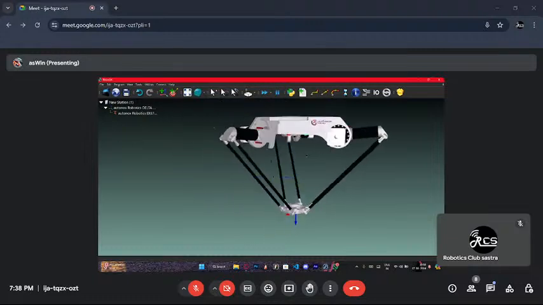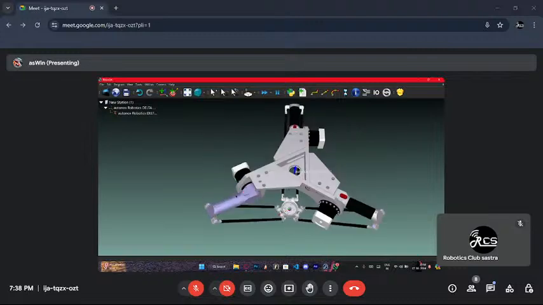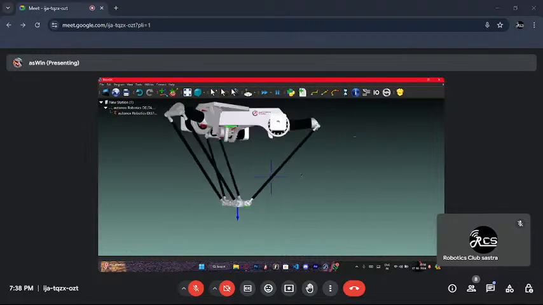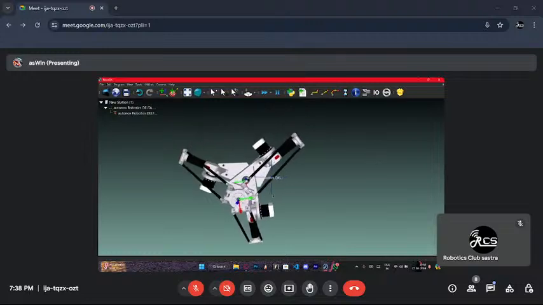All these are motorized separately, like this one's a motor, and this one's a motor, and this one's a motor. These parallel lines you see here are just the connecting arms. This one's not a specific point, but a platform. It can be used to place an object and tilt it in all three directions.